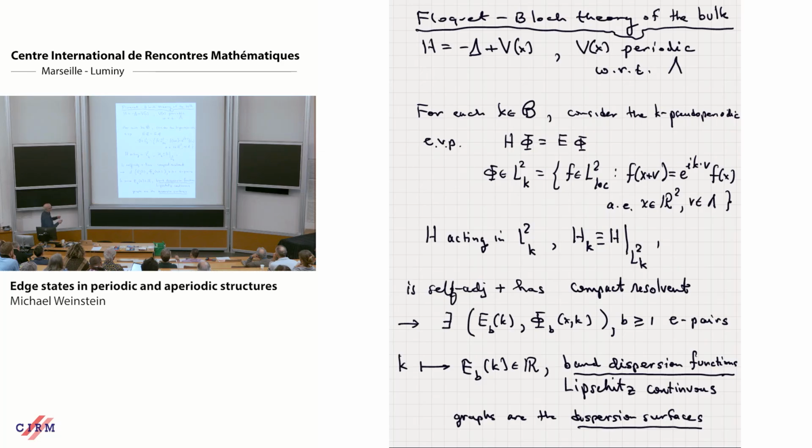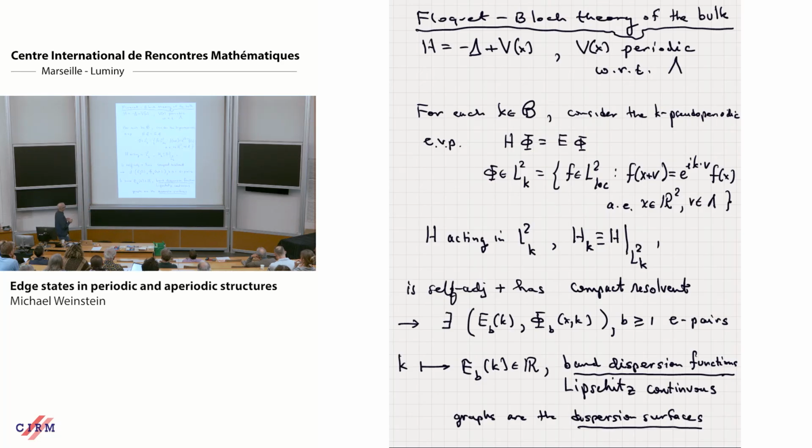Okay. So because the potential is periodic with respect to the lattice lambda, H maps, say, C infinity pseudoperiodic functions to pseudoperiodic functions.